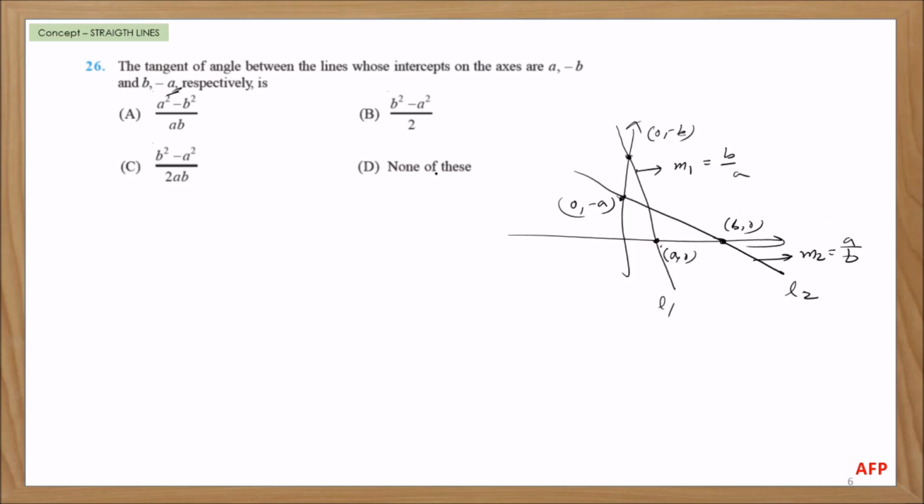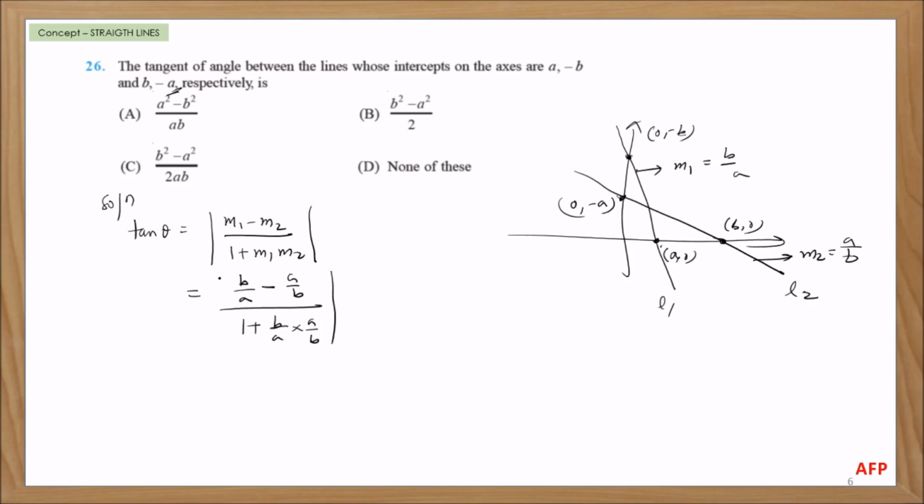So this is m1 and m2. Solution: tan theta is equals to the magnitude of m1 minus m2 divided by 1 plus m1 m2. This is the formula we are having. So m1 and m2 we can substitute here: b by a minus a by b divided by 1 plus a b by a by b.